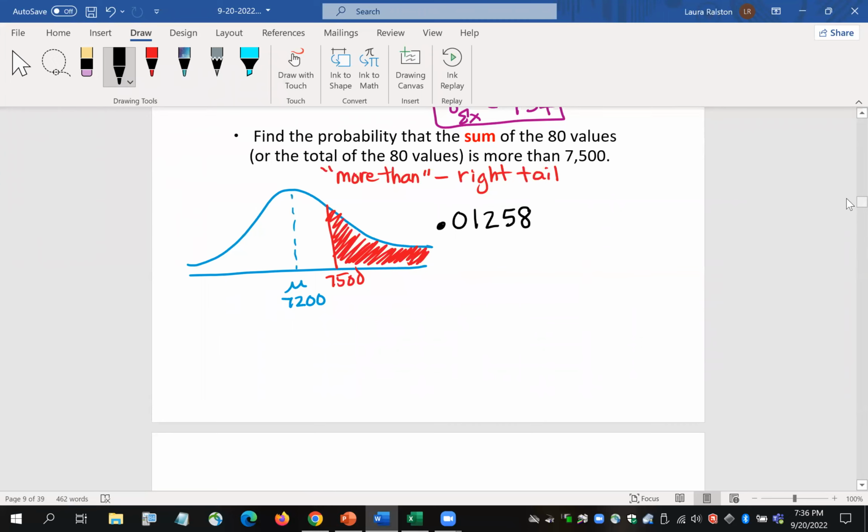So the probability that the sum of the values is more than 7,500 is about 1.2 or 1.3%. We don't use the phrase on average here because you're using the central limit theorem for the sum. So we're saying the sum is more than.